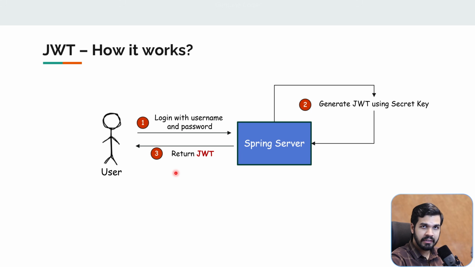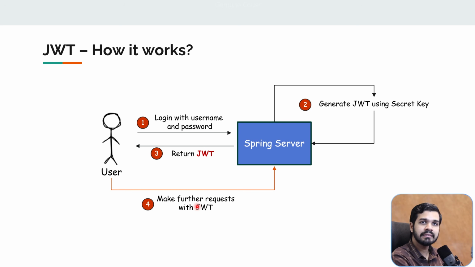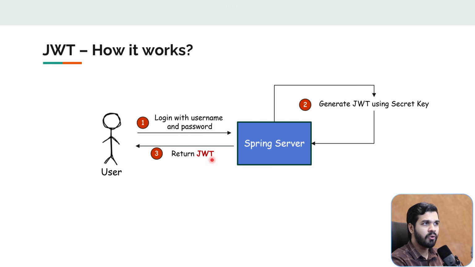Now the user has the JWT token with a certain validity, let's say 30 minutes or 1 hour, and the user can use this JWT for further requests. For example, if he wants to access some specific data from the server that is only allowed for logged in users, he can make that request using this JWT token. So I will just recap this once more.